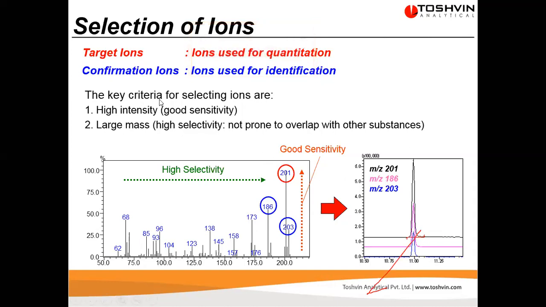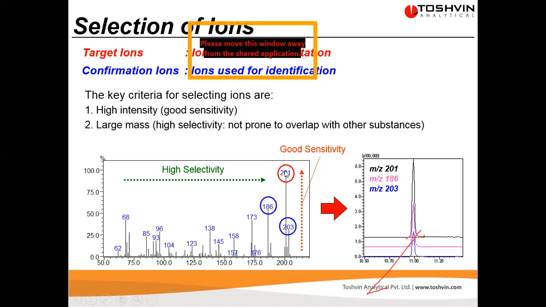The criteria for selecting ions: it should be high intensity, meaning you can see the height of it, good sensitivity. And second, it should be a larger mass, meaning a higher molecular weight. So these two criteria you can use to select ions for SIM analysis.